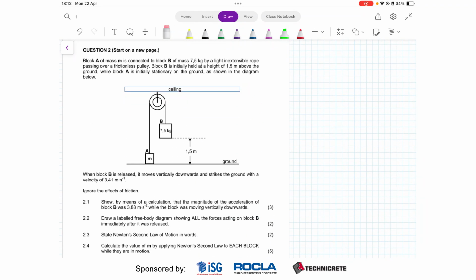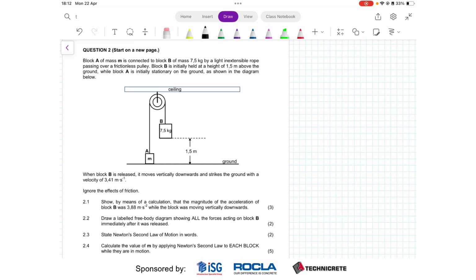We can now move on to the fun questions. Question 2. A block A of mass M is connected to block B, 7.5 kilograms, by a light inextensible rope. Block B is initially held at a height above the ground, while block A is initially stationary on the ground.